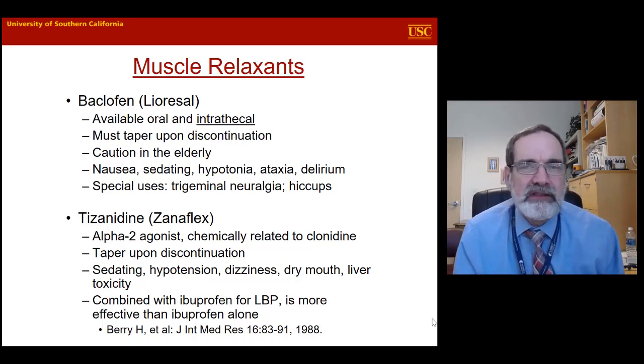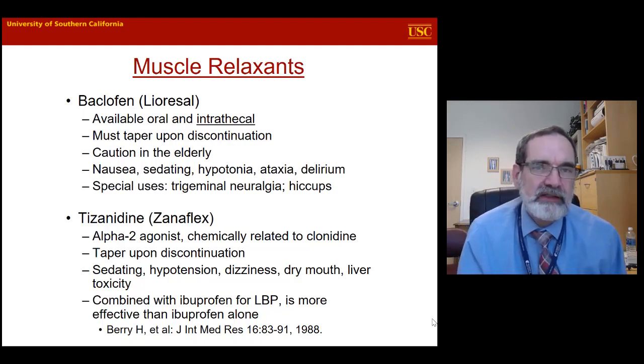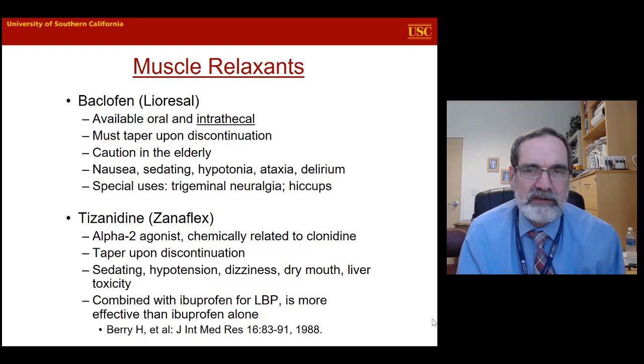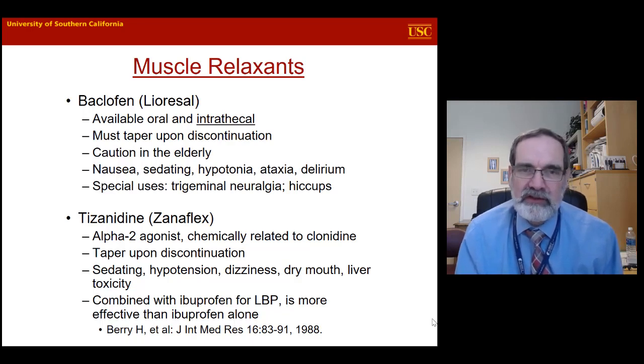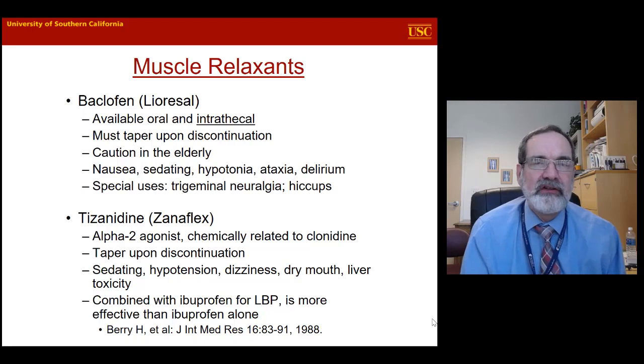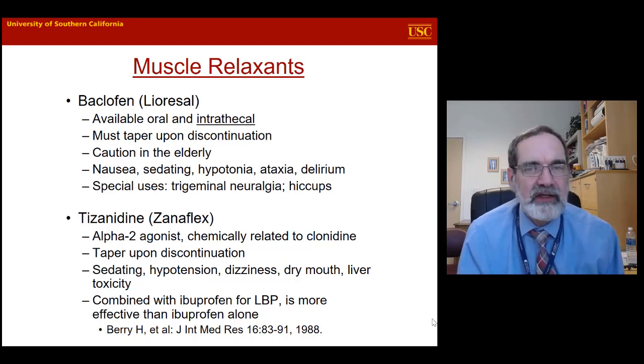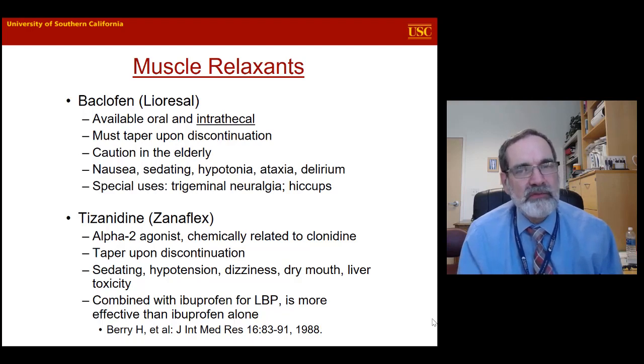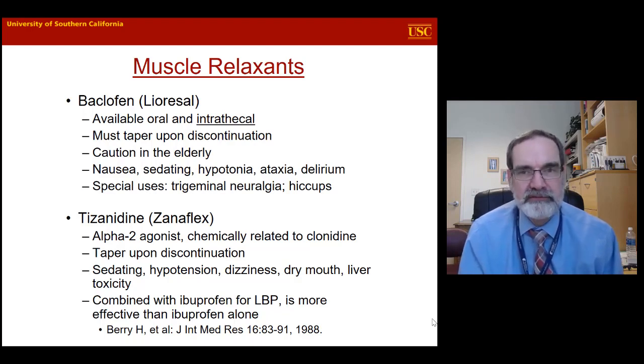Baclofen has to be tapered because withdrawal can be a serious problem. With most muscle relaxants, we have to be very careful in the elderly. Nausea and sedation are side effects. An interesting side effect, particularly with spinal baclofen, is that in overdose the patient can get so relaxed that they're not strong enough to breathe, and that can be fatal.